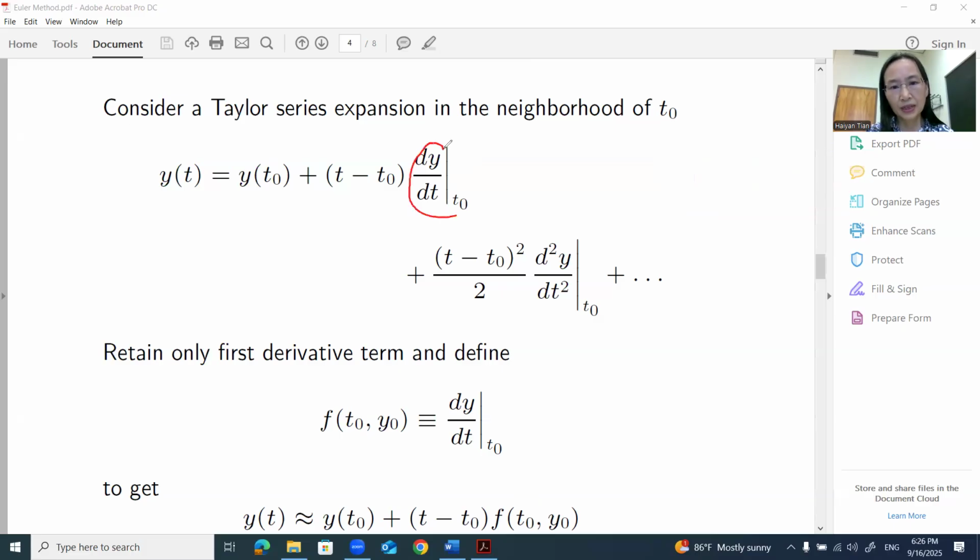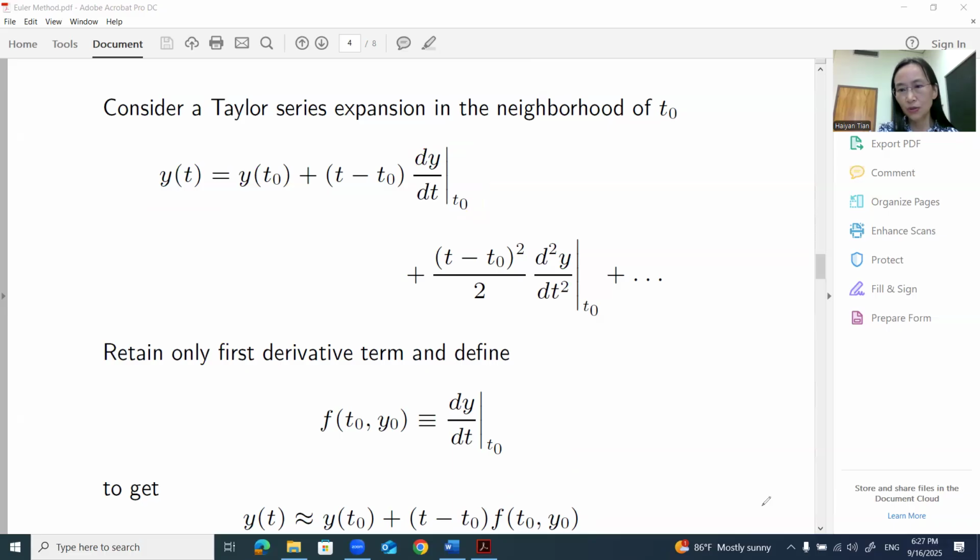So that is this function. Once that is done, the slope is replaced by this right-hand side function at t0, y0. And then we have this linear approximation to the solution curve.